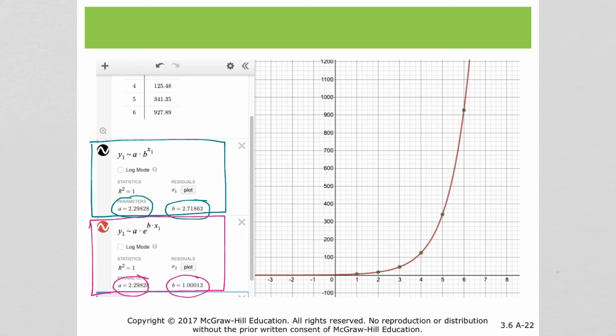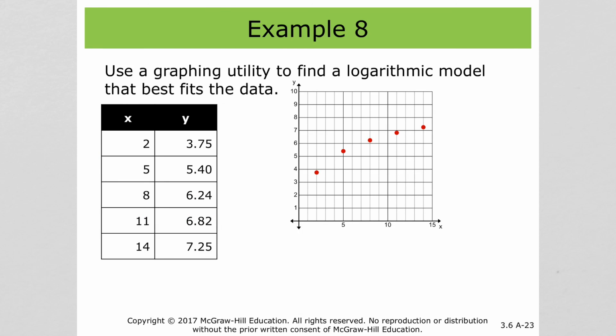For example 8, this one is asking for a logarithmic model. For the logarithmic model, we're only going to use one option. It would be a plus b times the natural log of x. I'm not worrying about log base whatever. We'll just use natural log.